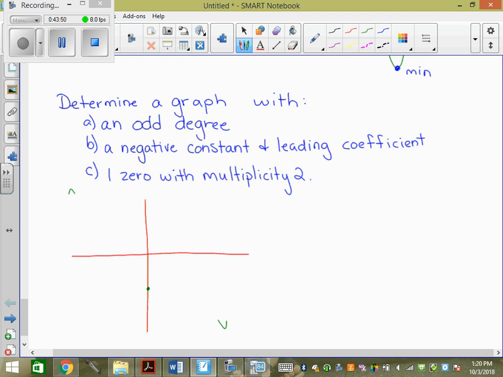Okay? The only other thing they gave me is I have to have 1, 0. That basically makes a bump, right? Because it says multiplicity 2. So I need a 0, an x-intercept, that when I go to the x-axis, I make a bump. I am down on the right, and I have a downwards y-intercept. So maybe if I put a bump here, it at least will send me back through that, right?